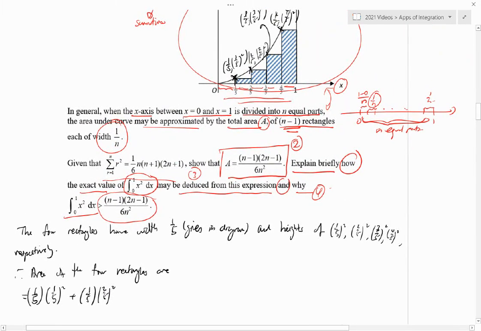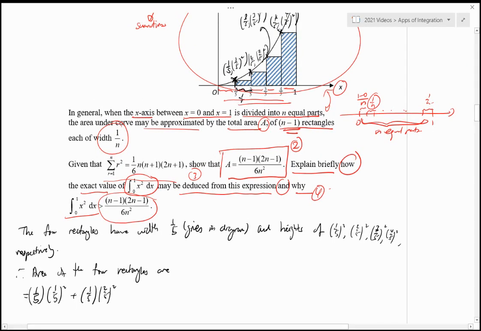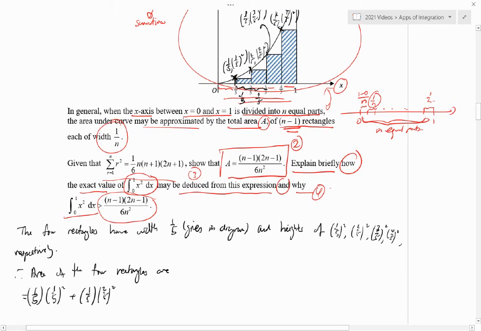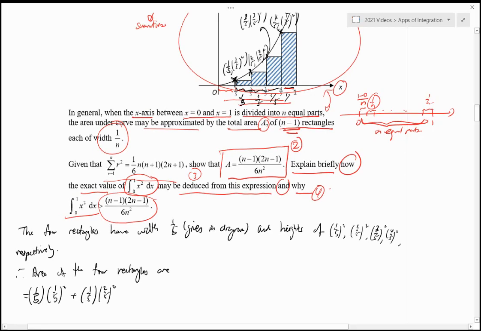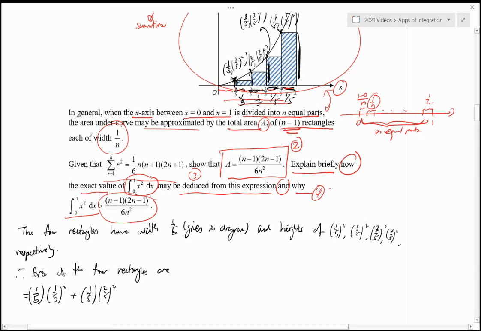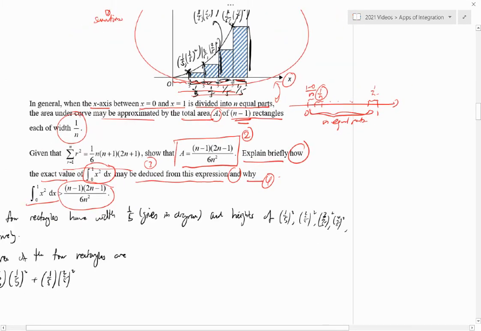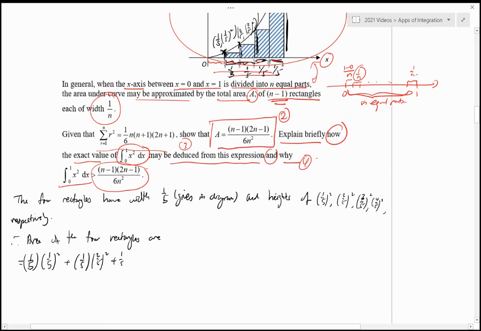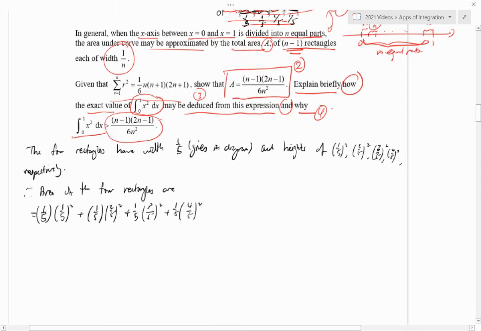If you look at the axis again, each of them has an equal width of 1/5. So it's width times height, width times height, width times height, width times height. So this is 1/5 times 3/5 squared plus 1/5 times 4/5 squared.